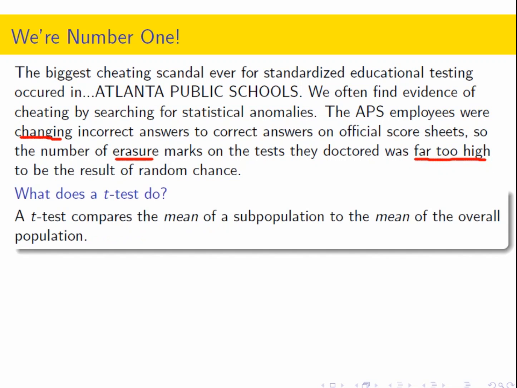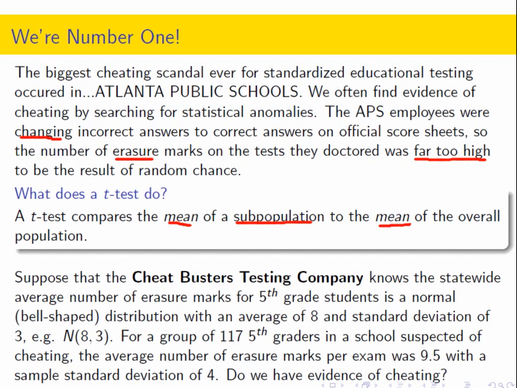So what we're going to do is figure out what the average number of erasure marks is on a paper, and then we can take a set of suspicious exams and compare the average number of erasure marks in this subpopulation to what the average should be in the overall non-cheating population.